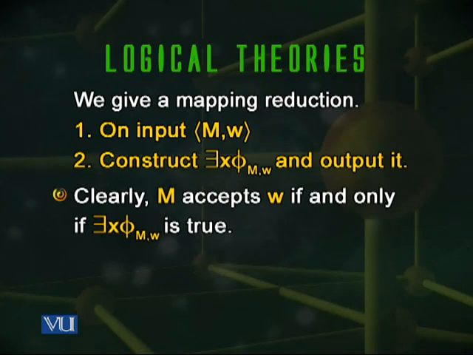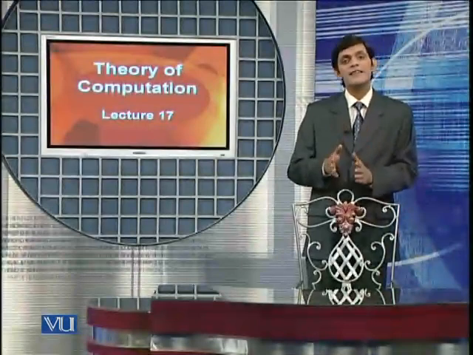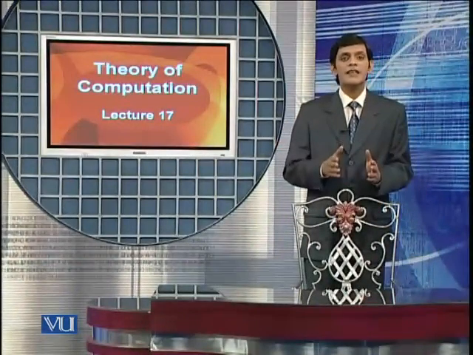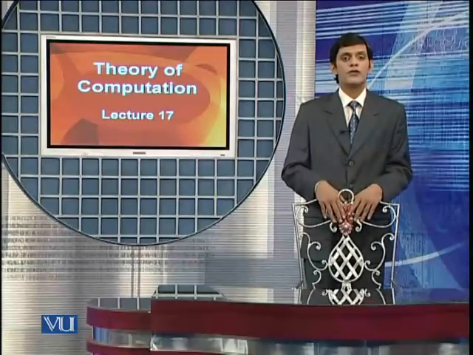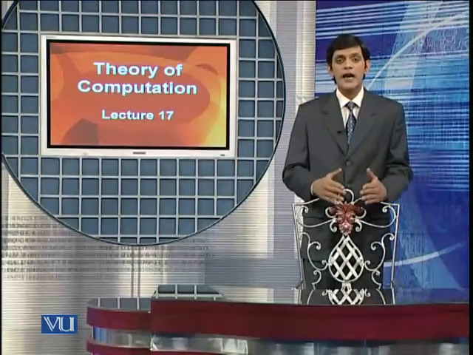Clearly, the previous theorem says that M accepts W if and only if this sentence is true. Thus, M accepts W, which means that the pair M comma W is in ATM, if and only if this sentence is in the theory, because this theory contains all sentences which are true. So, what we have done is found a reduction.